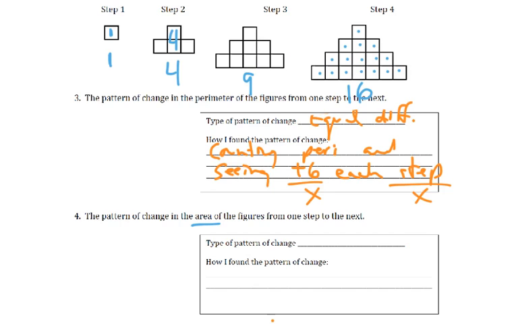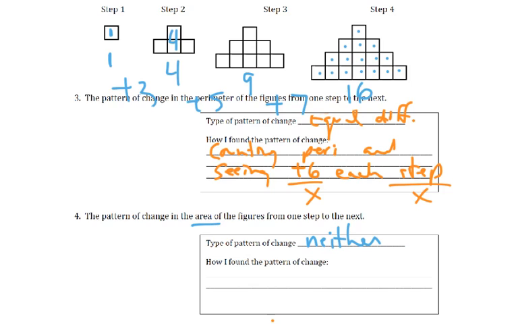Okay, now if we're looking at these ones, we'd add 3, then add 5, then add 7. Okay, is that equal differences? No. Is there a way to get equal factors out of that? Well, that'd be times 4. That wouldn't work either. So it's not equal factors, it's not equal differences, so it's going to be a neither.